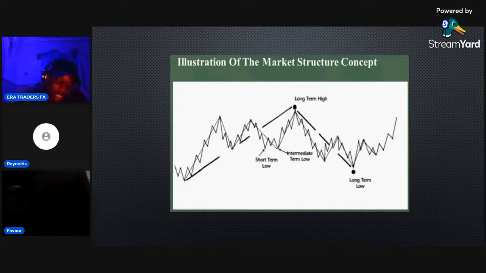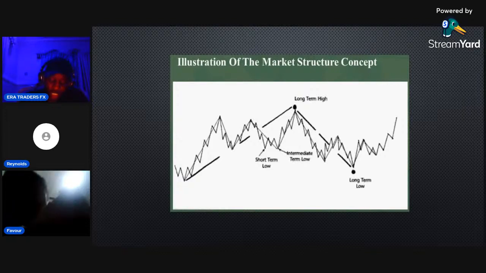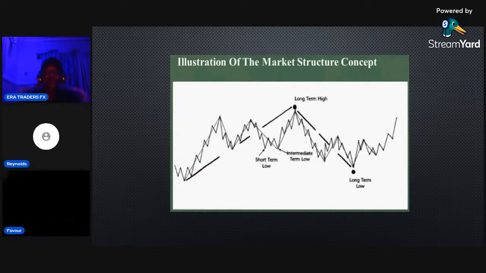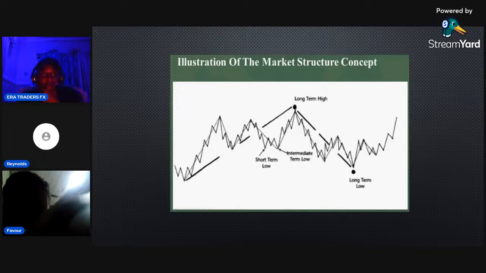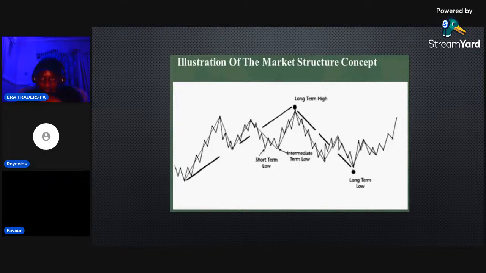Mark out EUR/USD, GBP/USD. Then for the VIX 100 and VIX 75, do the same. Just backtest, go back and mark out structures and send it to the group. Do you get what I just said?